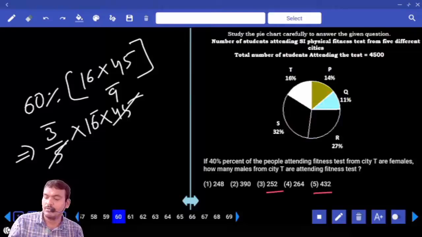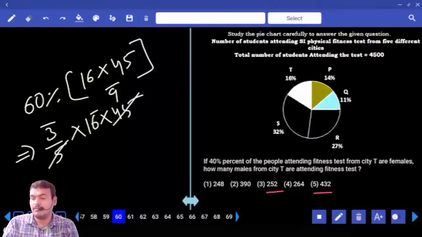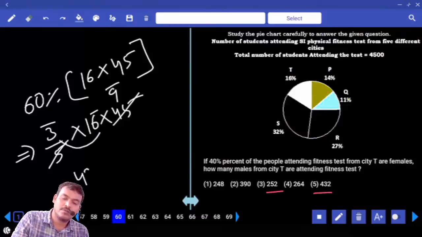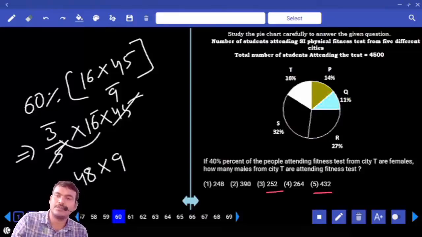How many options? 2 options. In that which option are 9 multiple? Third and fifth. Third option 9 multiple, 432 also 9 multiple. 3 into 16 how much? 48 into 9 means it is nearby 480 or not.